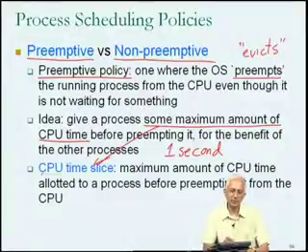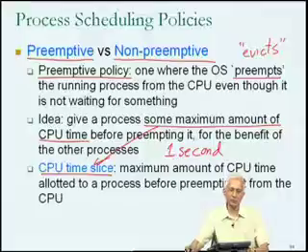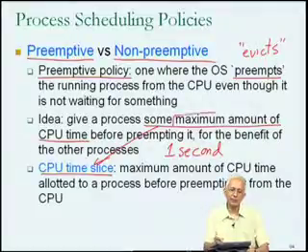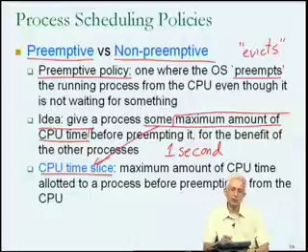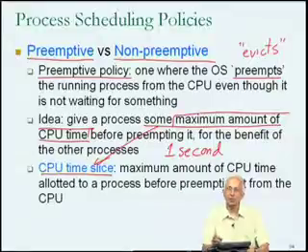So this is the concept of the CPU time slice, which is the maximum amount of time that a process will get before it is preempted or evicted from the CPU by the operating system. Why do I use the term maximum amount of time? Because it is possible that before this 1 second has elapsed, the process may do an operation which causes it to delay.